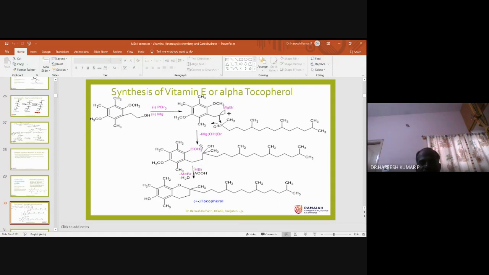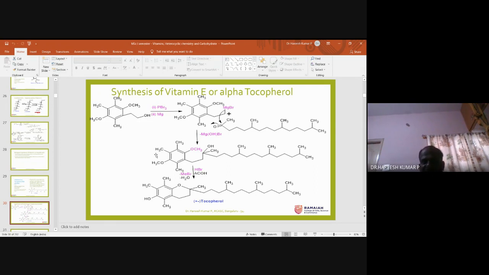The OH undergoes cyclization, with removal of water, forming plus or minus tocopherol. So this is the method of preparation of vitamin E or alpha tocopherol.